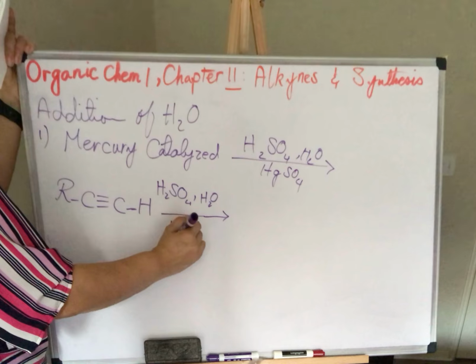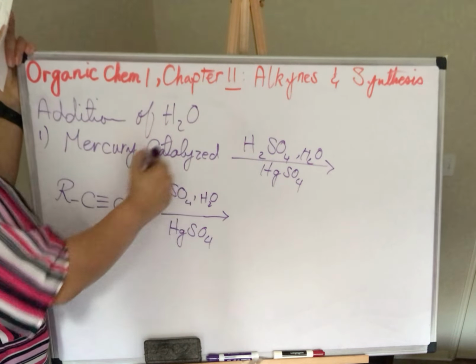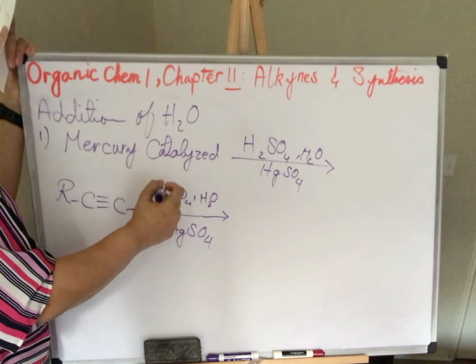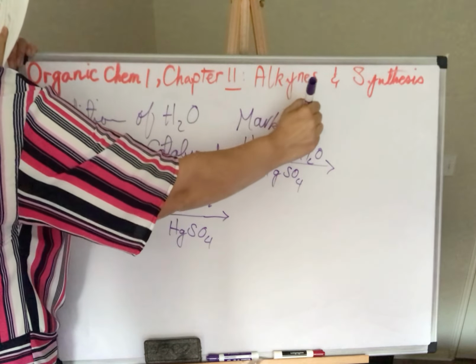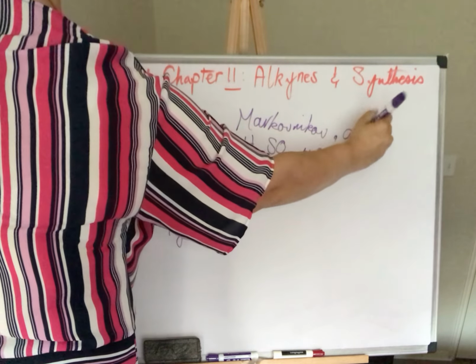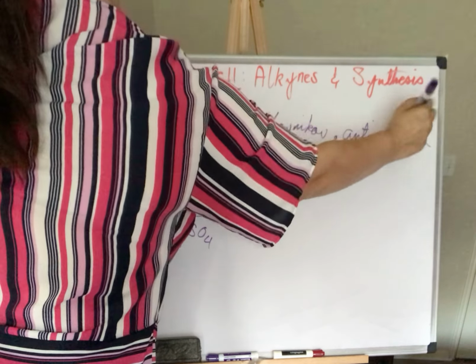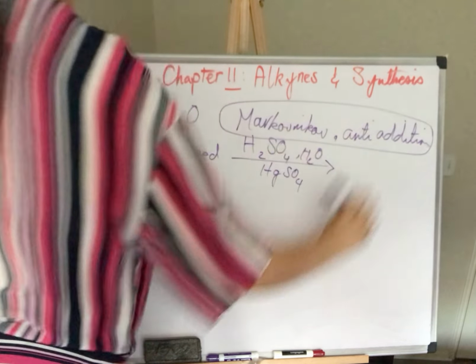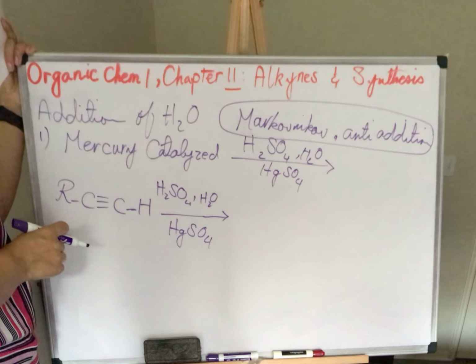Good for you, you don't need to know the mechanism. So if you remember, oxymercuration was Markovnikov, so we still have Markovnikov, the same, and it was an anti-addition. So the same facts about oxymercuration apply to mercury-catalyzed addition on alkynes.